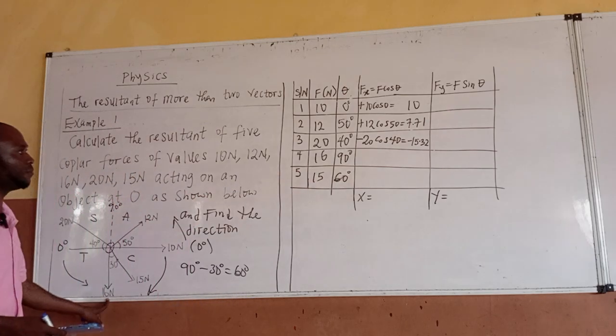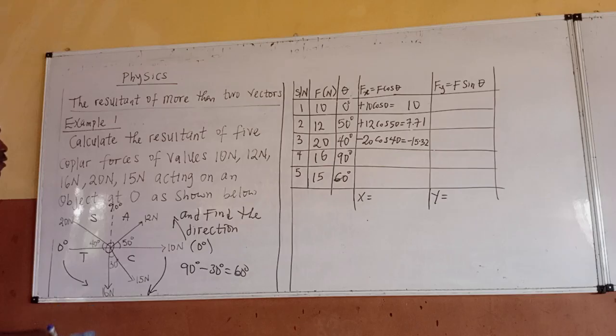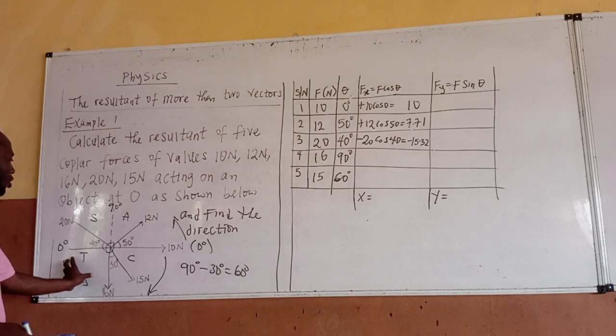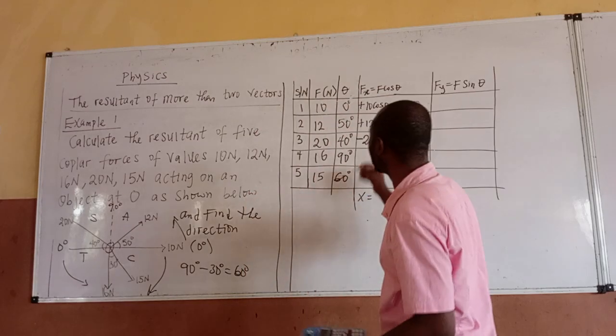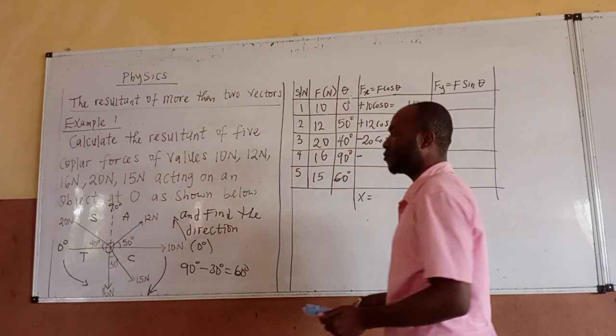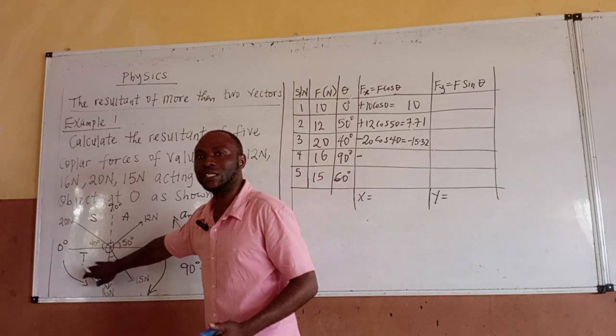Now the fourth one, 16, and the theta is 90. You are talking of cos. So that means you have read from this place to this place, so it is in the third quadrant. Since it is in the third quadrant, the sign is negative, because in the third quadrant only tan is positive there.